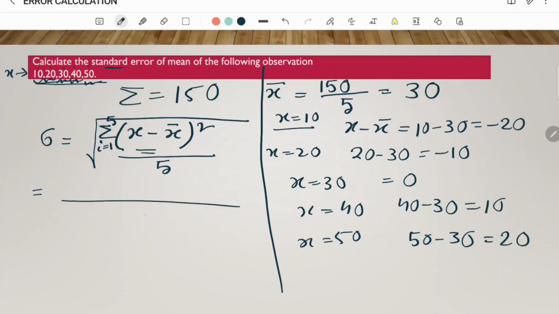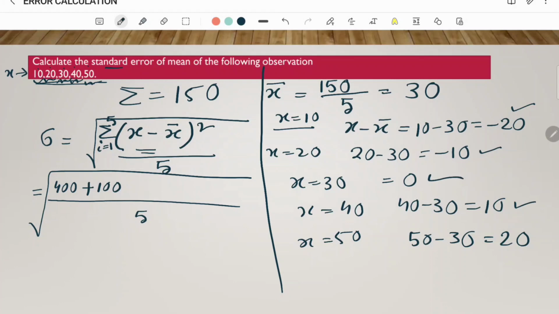So this becomes root over minus 20 square, that means 400, plus minus 10 square, which is 100. Next one is 0, and the next to next one is again 100 plus again 400.